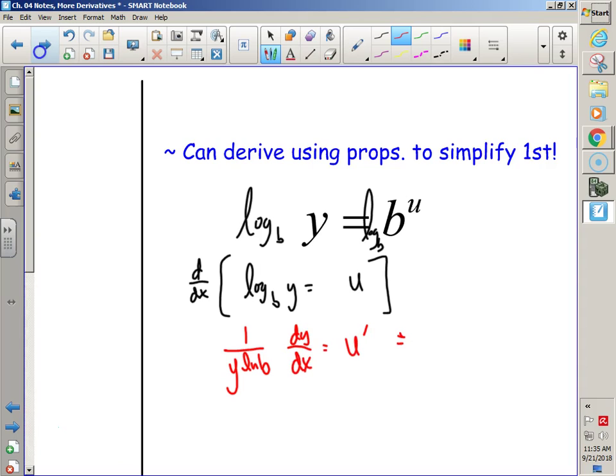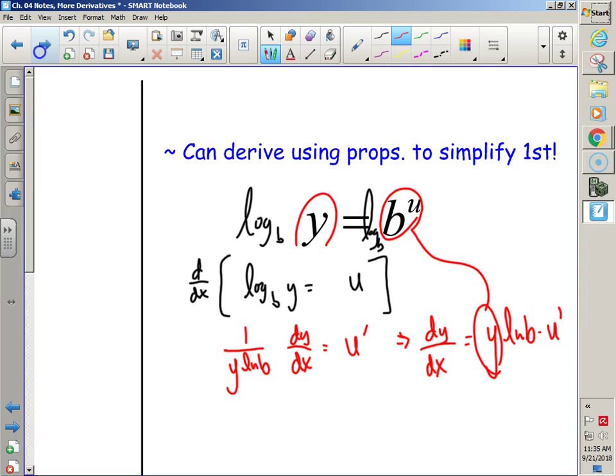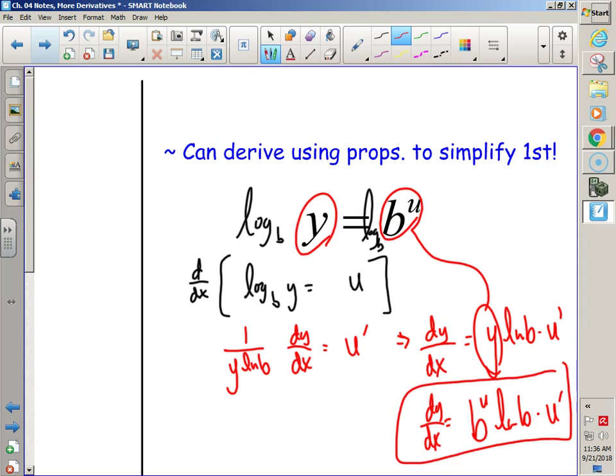And how would I solve for dy dx? I would multiply by y ln of b times u prime. And who was y to begin with? dy dx is equal to b to the u times ln of b times u prime.